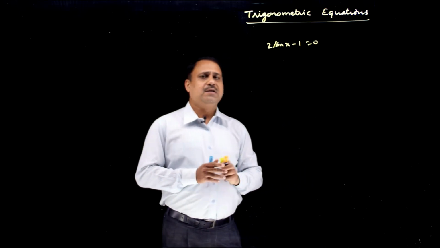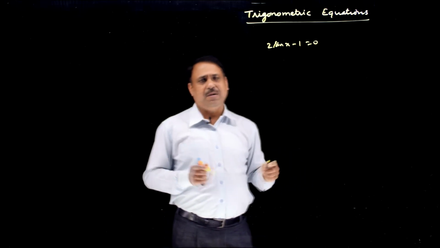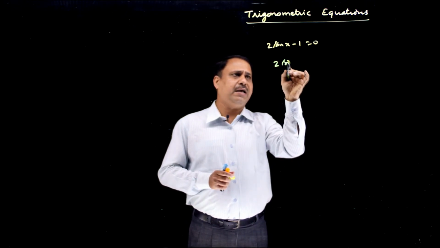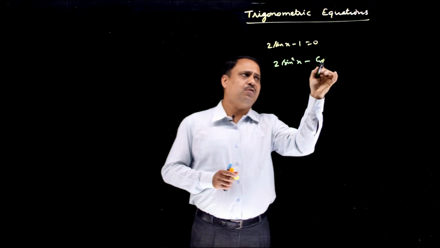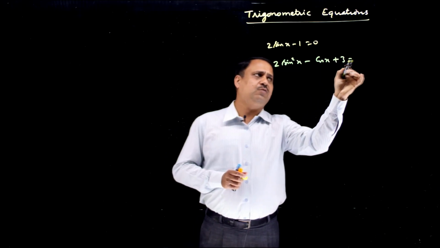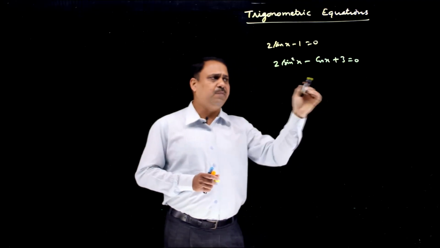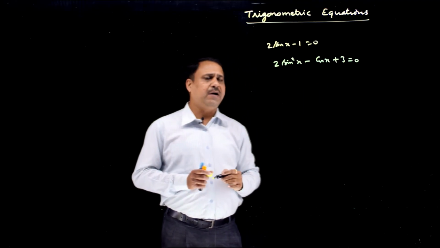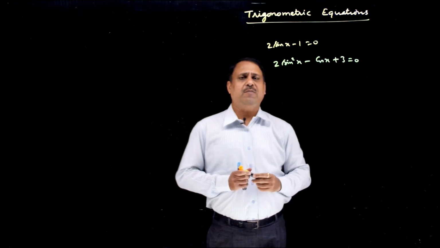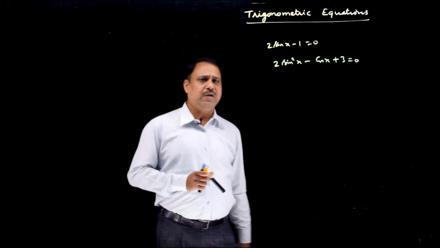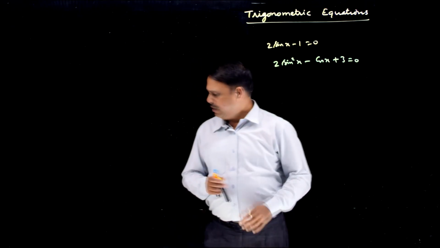Or there may be some complex ones, which may or may not be solvable, like 2 sin square x minus cos x plus 3 is equal to 0, or sin x plus cos y plus tan z is equal to 5. So these are the equations involving one variable, two variable, three variable. Such equations are known as trigonometric equations.